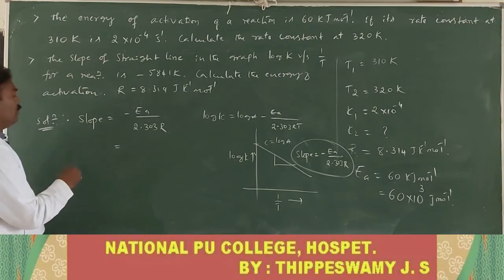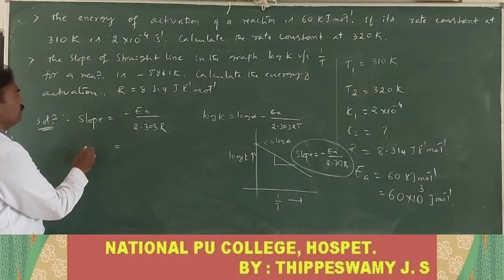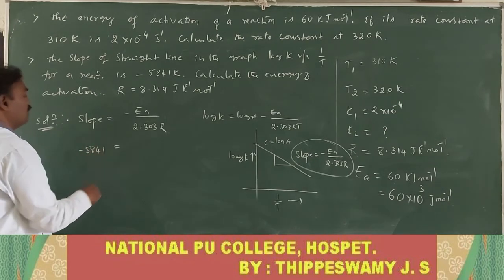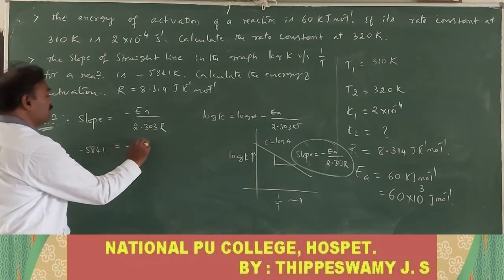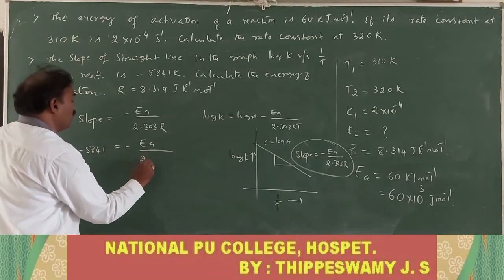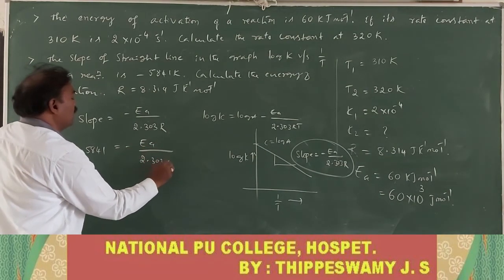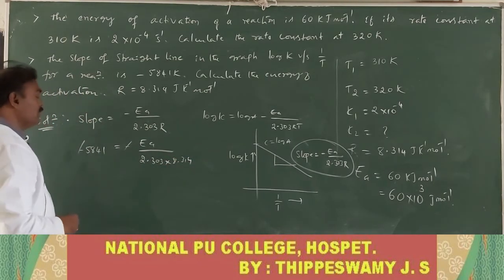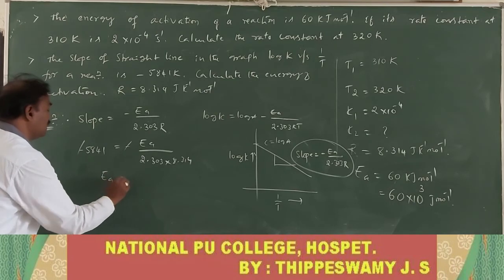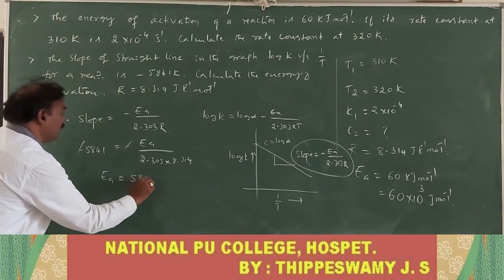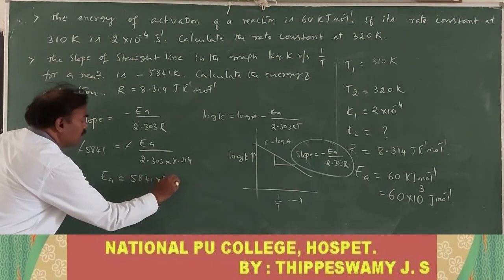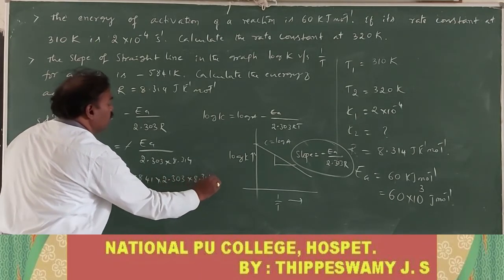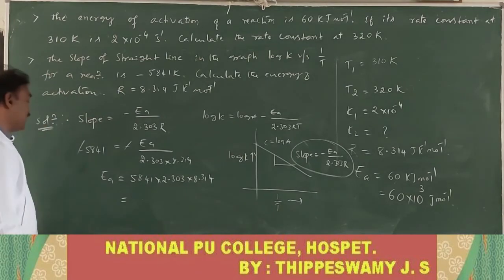The slope is minus 5841. Slope is equal to minus EA divided by 2.303 into 8.314. Minus and minus cancel. So EA is equal to 5841 into 2.303 into 8.314. So finally, what answer are you getting?